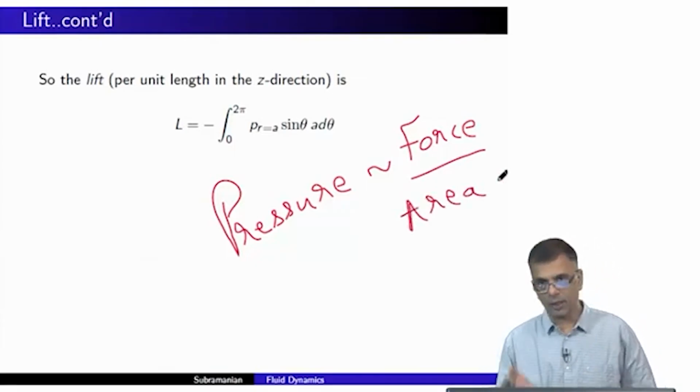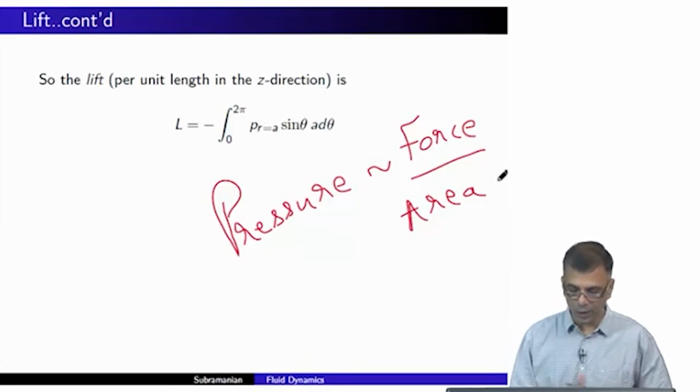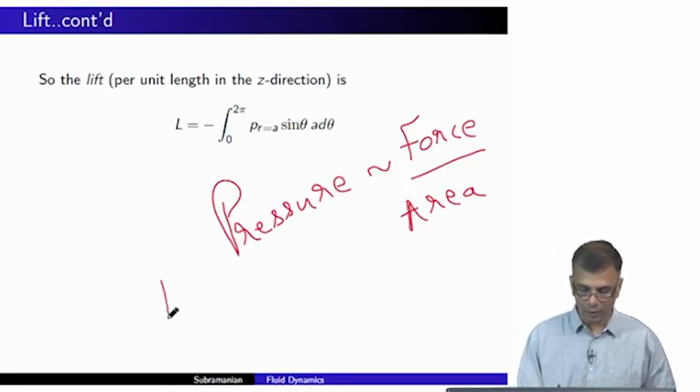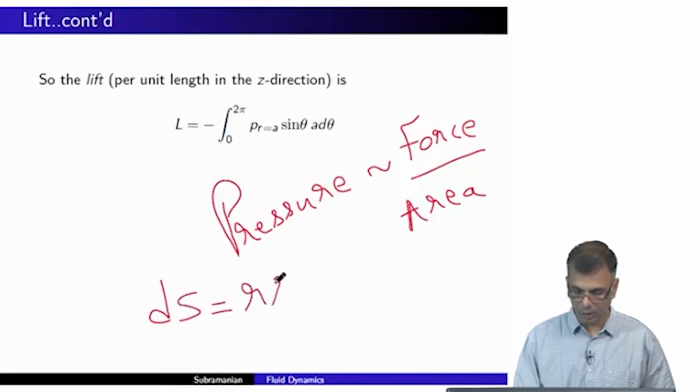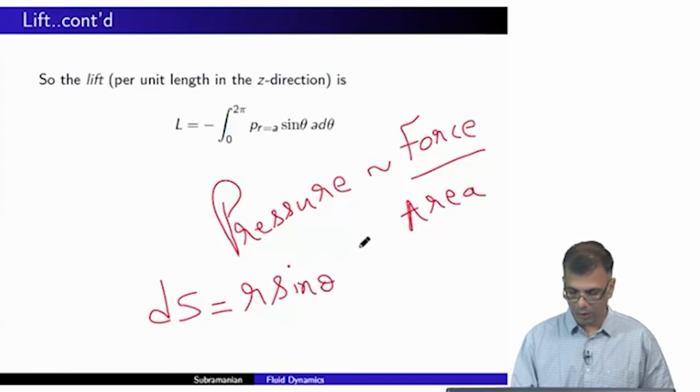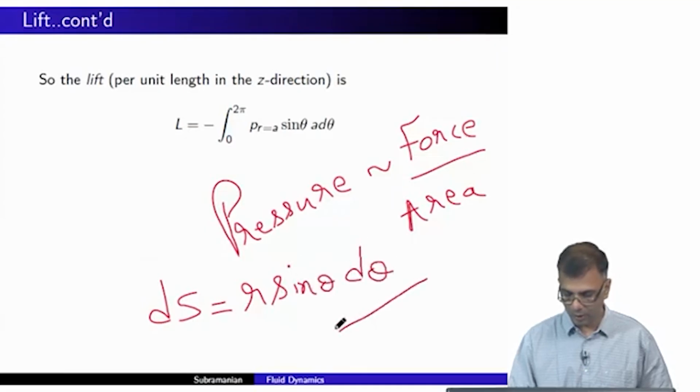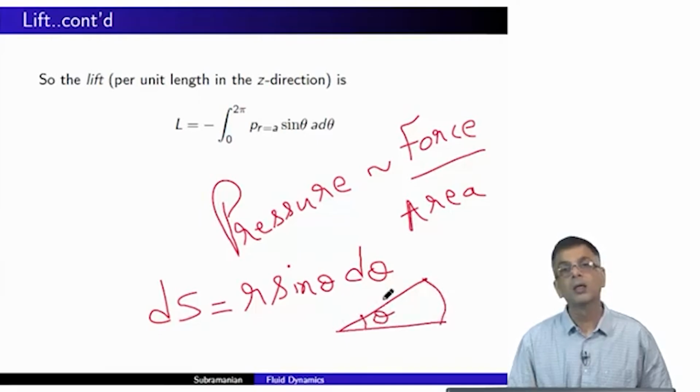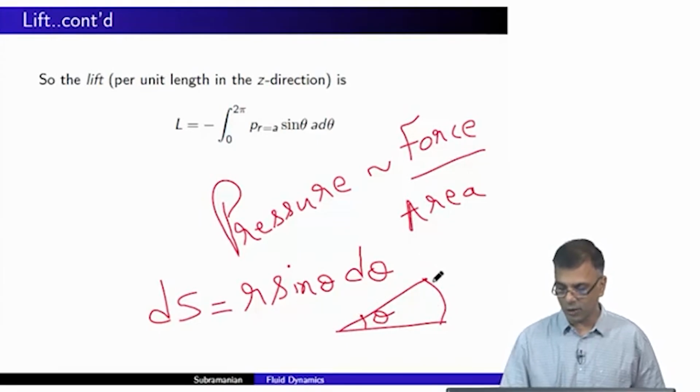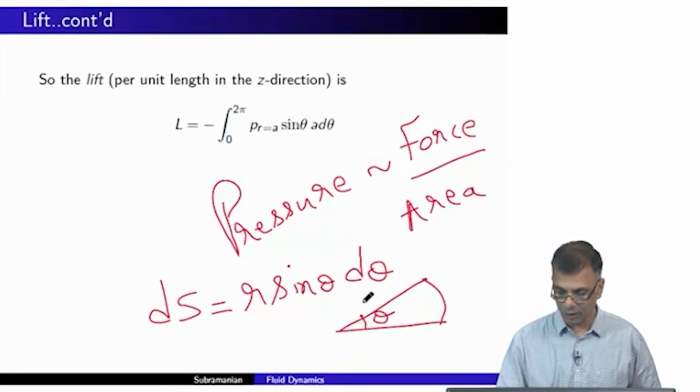And in spherical polar coordinates, what's a differential area? A differential area is something like r sine theta d theta. It's really the length L times r, but L can be approximated as r sine theta. So it's really r sine theta d theta.